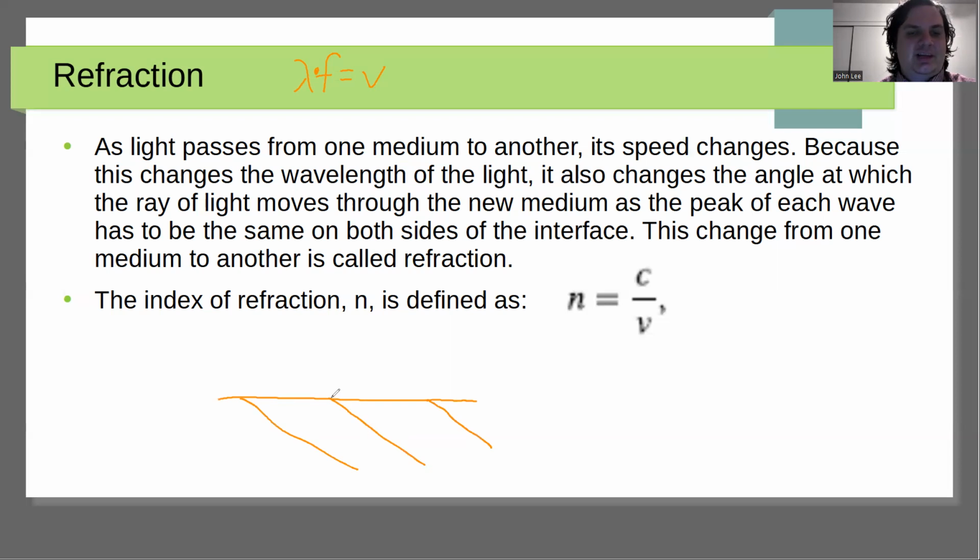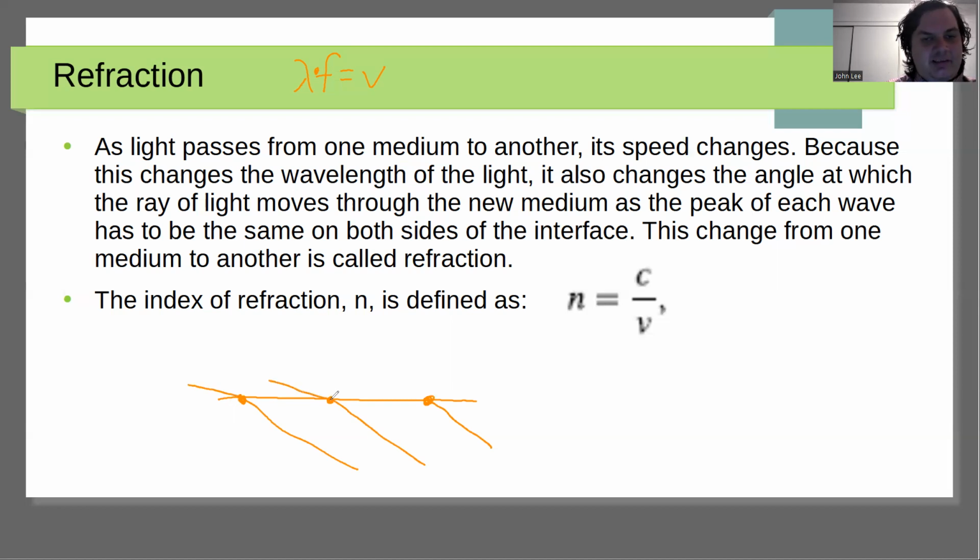So these come once every period, and period is the inverse of frequency, so period's related to frequency. But because they have different speeds, they have to have different wavelengths.